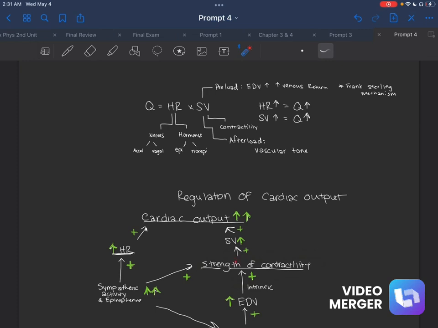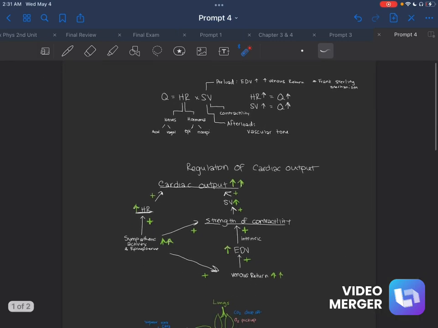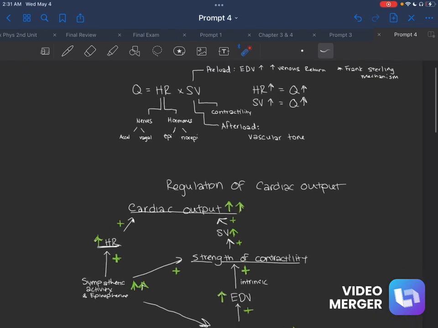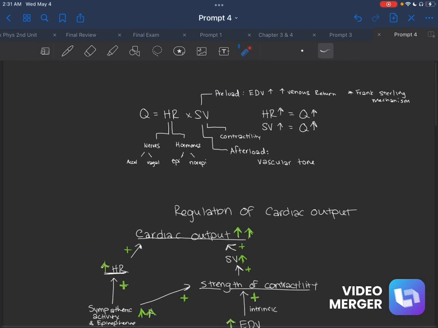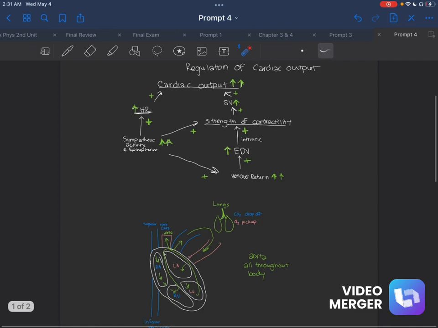And obviously, we see that affects the stroke volume. And doing so, it increases cardiac output. So we basically see exercise increases cardiac output. And the big reason why is because it needs that blood to be delivering oxygen to those target muscle groups that are working really hard, in order to keep them from fatiguing.